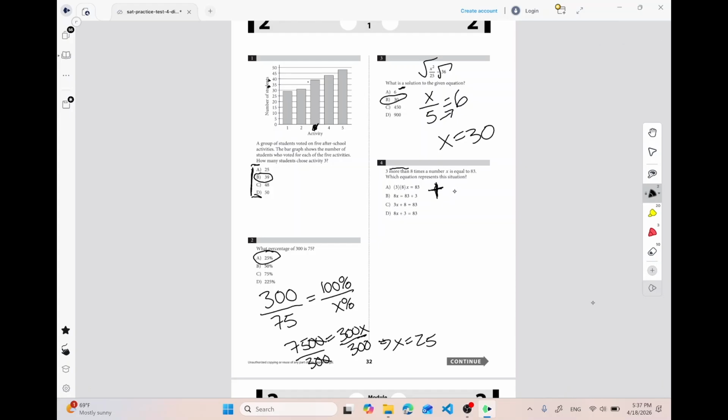So 3 more than 8 times the number x is 3 plus 8x, and they tell us what it's equal to, 83. The one that looks like the terms are switched, 8x plus 3 equals 83, but they're equivalent, so the answer is D.